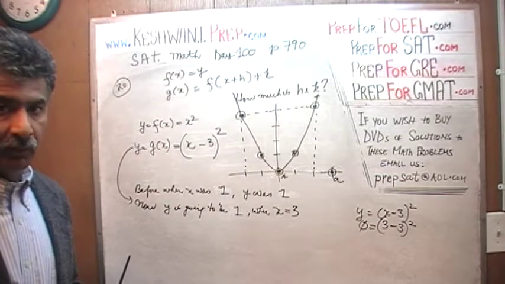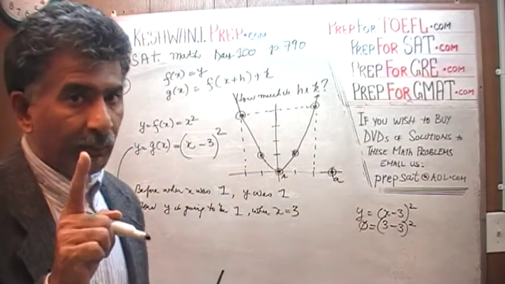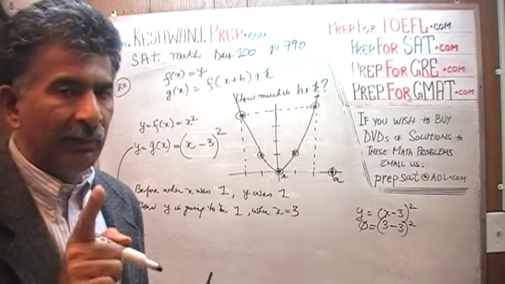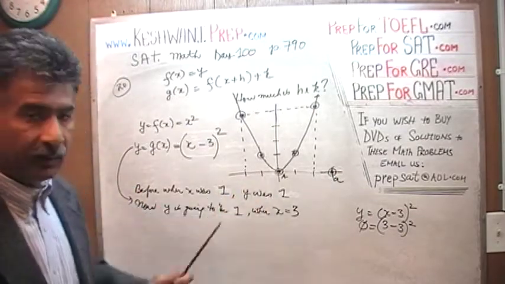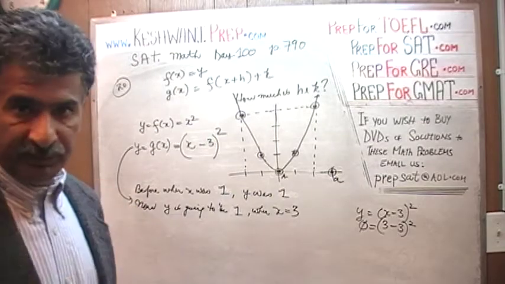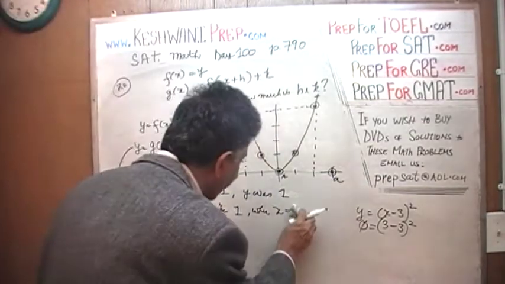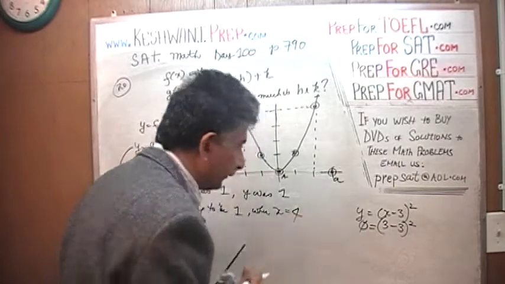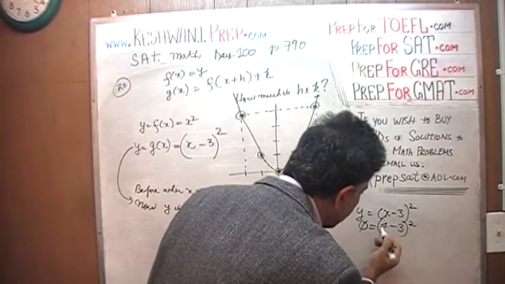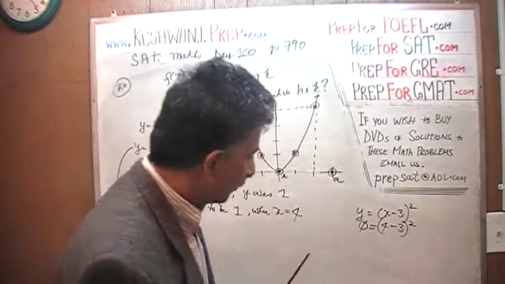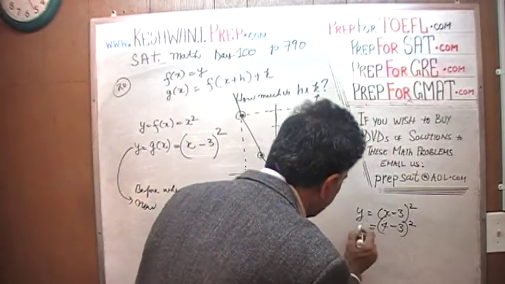What was x before? x was 1 when y was 1 in the original function. Now, x would have to be 3 more than that. x would have to be 4. As you can see again, 4 minus 3 is 1, and 1 squared gives us the value of y to be 1.